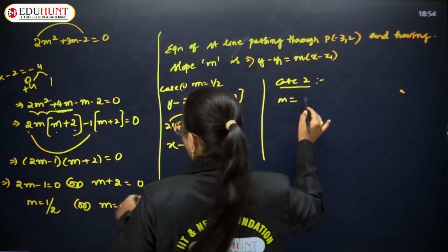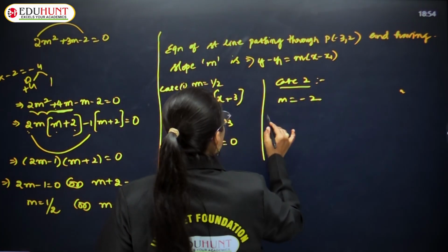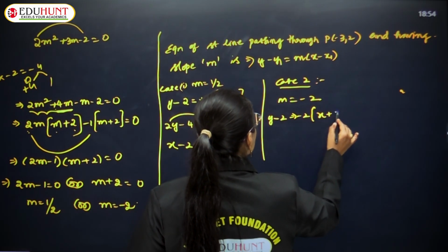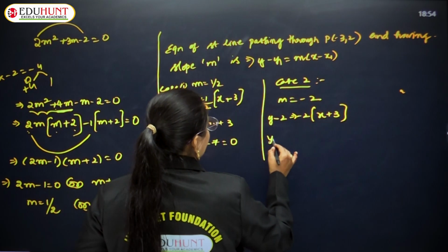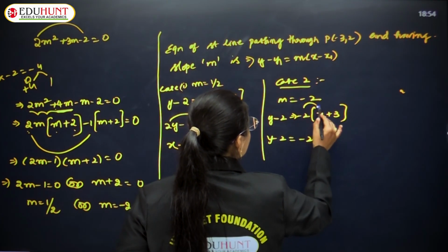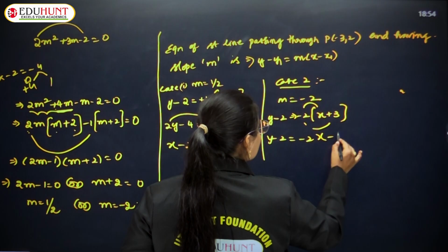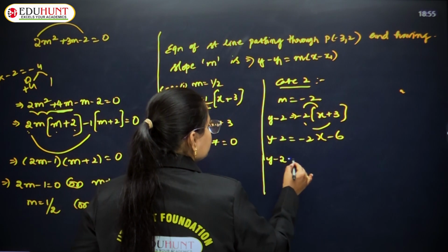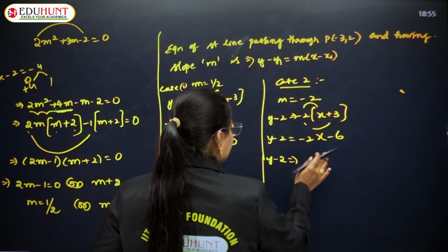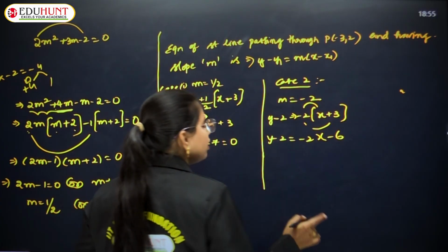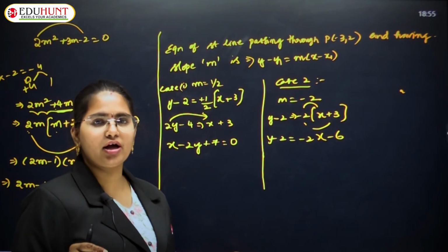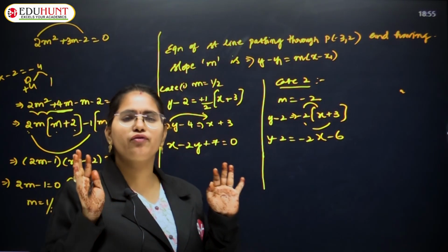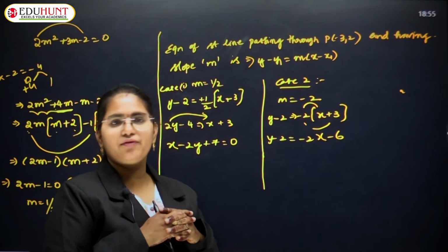Next equation of straight line, which is case 2. Case 2 is m is equals to -2. So put down here y minus 2 is equals to -2 into x minus of -3 is x plus 3. So y minus 2 is equal to -2 into x, minus 2x minus 2 into 3 is minus 6. So what I'll have now? Y minus 2 is equal to ట్రాన్స్పోజ్ చేయండి ఇదంతా 2x ఇవతలకు పంపించుకోండి. ఆల్రెడీ ఐ టోల్డ్ యూ ఏది ఎటువైపు పంపించుకోవాలి అంటే ఆల్వేస్ మేక్ ష్యూర్ x వాల్యూ షుడ్ బి పాజిటివ్ ఫర్ యువర్ ఈజీ వే టు simplification.